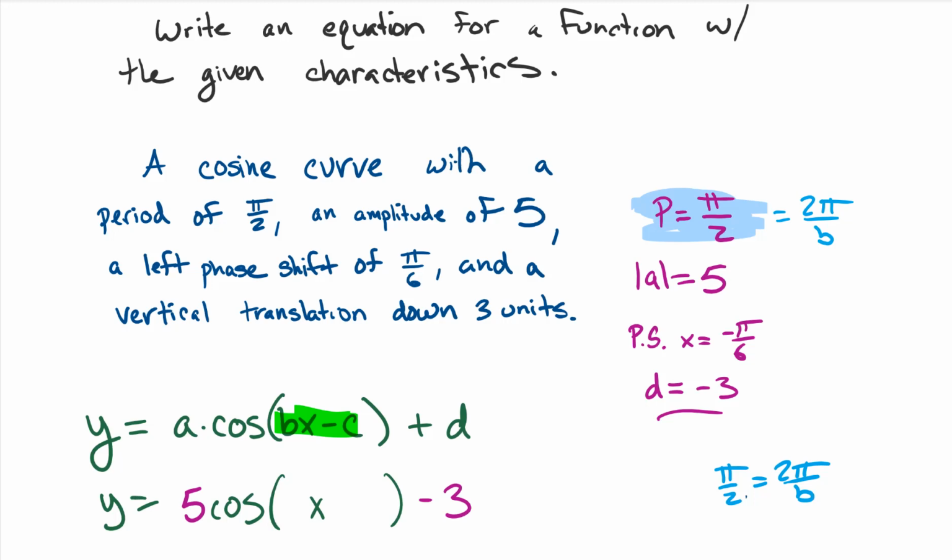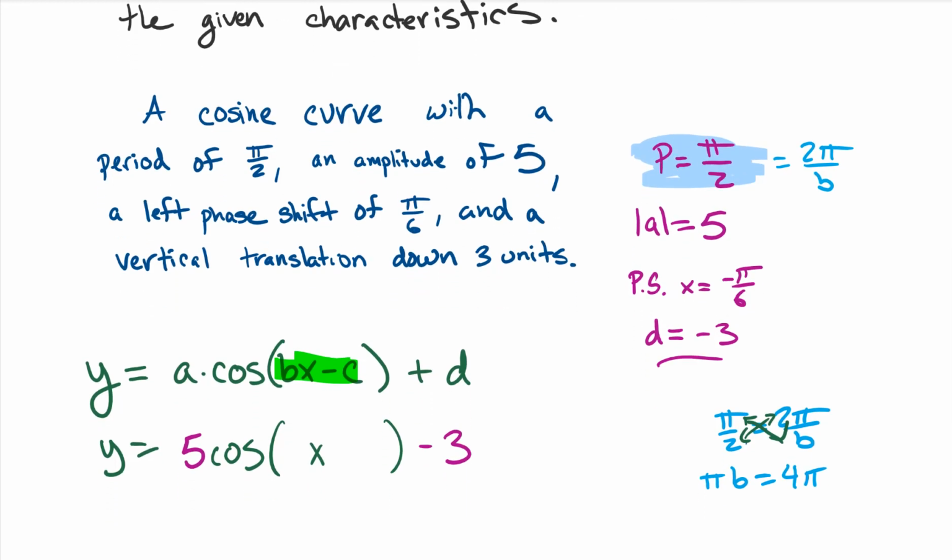Real quick, we do this across an equal sign. So we can say pi times b is equal to 2 times 2 pi, so 4 pi. And then let's divide by pi on both sides. So what's b equal? 4. There's b. So just setting the period equal to 2 pi over b and solving for b, you all of a sudden got your b value.